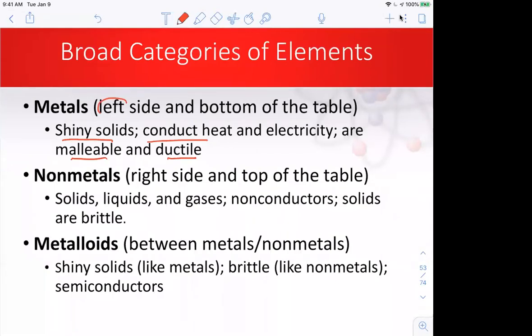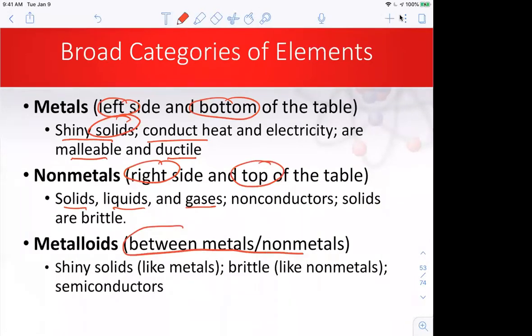Nonmetals are on the right side and at the top. These have a diversity of physical states. Metals tend to be solids. Nonmetals can be solids, liquids, or gases. They're non-conductors, and if they are a solid, they happen to be brittle.